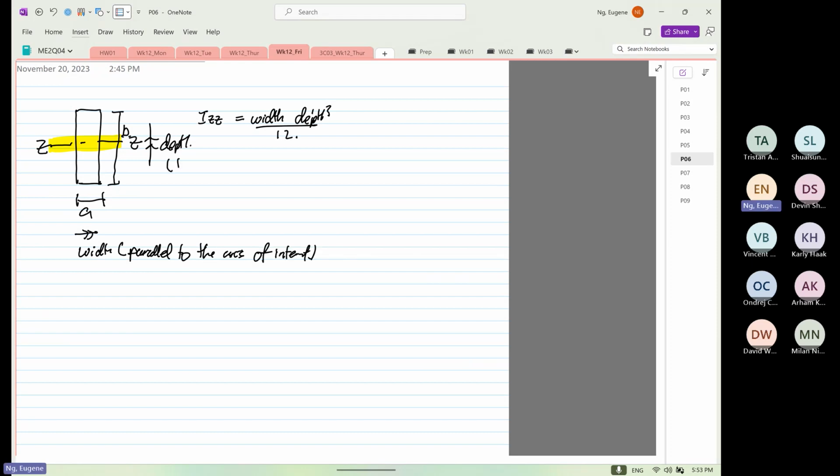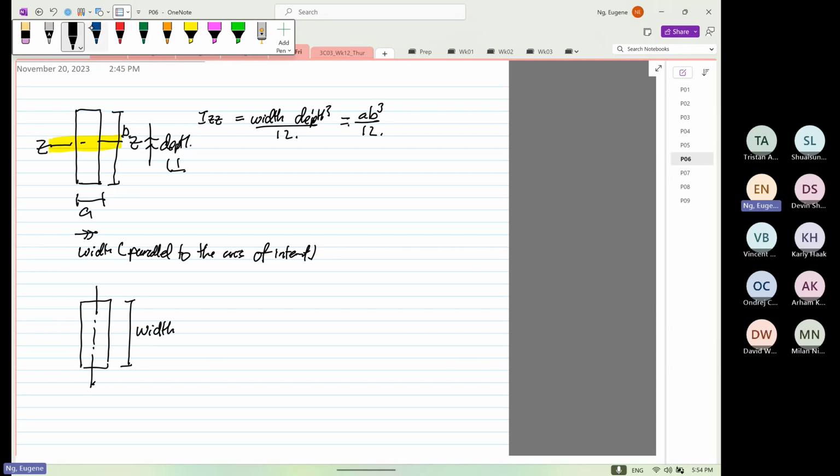The depth is always what? Perpendicular. When that's the case, the width for this case is A, B cubed over 12. It's always dependent on the axis of what? Interest. Nothing to do with English. This is width and this is depth. Are we clear? Okay. So if you are interested in your Iyy now, when that's the case, this is known as the what?